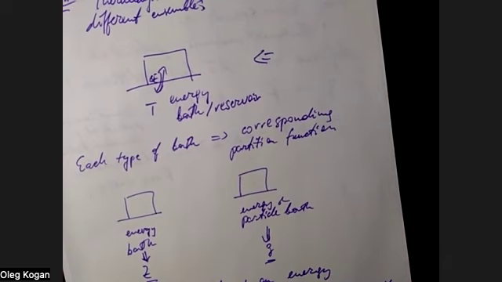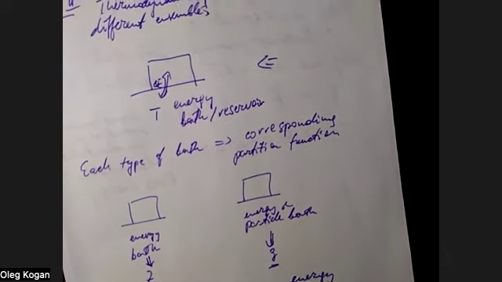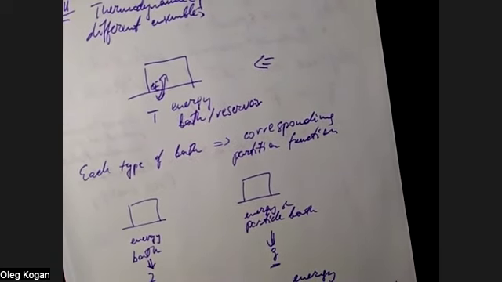And because of approximations such as this, minus kT times log of Z is going to be just this.